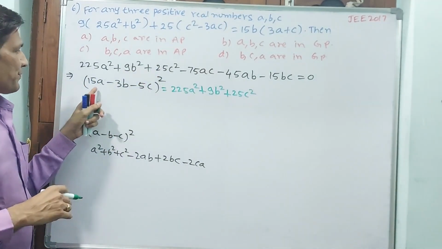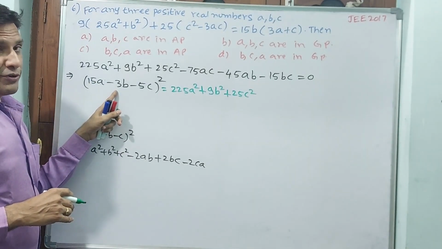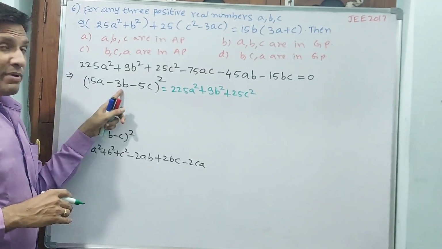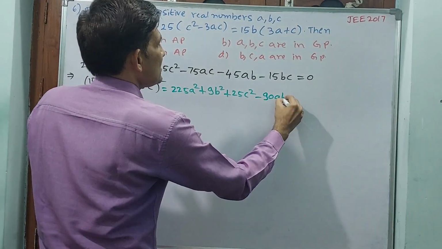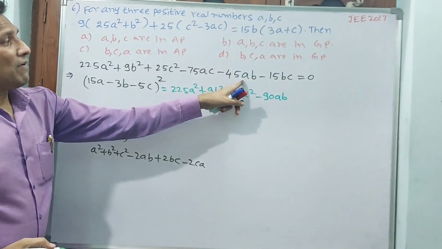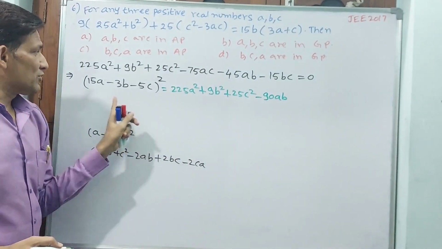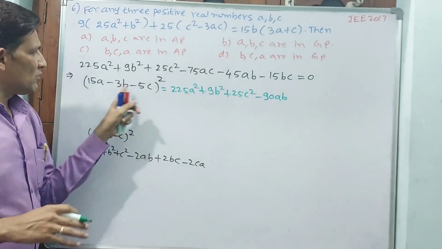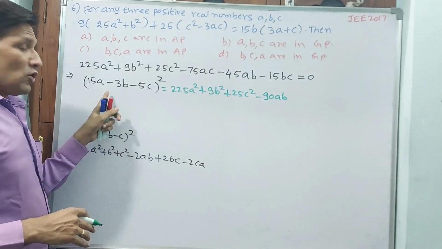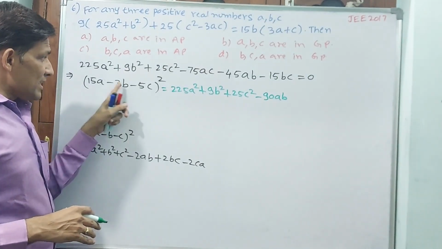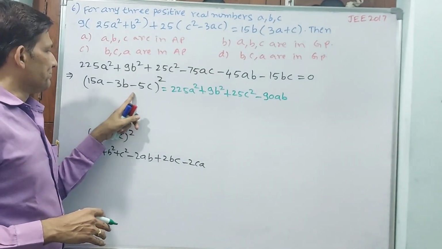But now you see 2ab: 15 into 3, 45 into 2, 90ab, but minus 90ab. 45ab only is there. Okay, not matter. That means this formula is not going to work. Wait, even though we have to expand fully. 2bc: see 2bc means here plus will come, b and c both are negative.